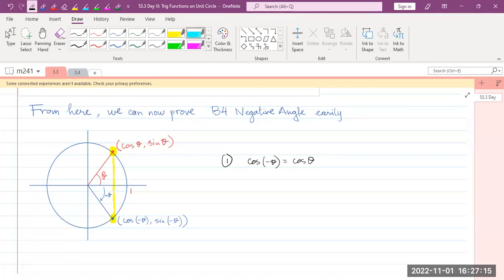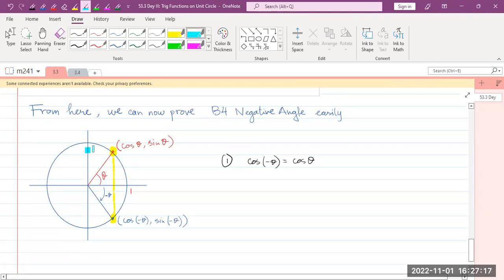On the other hand, the y component of this coordinate is the opposite of the y component of this coordinate here. Must be opposite, one of them positive and the other one negative. So from there, we conclude that sine of negative theta must be the opposite of sine theta.